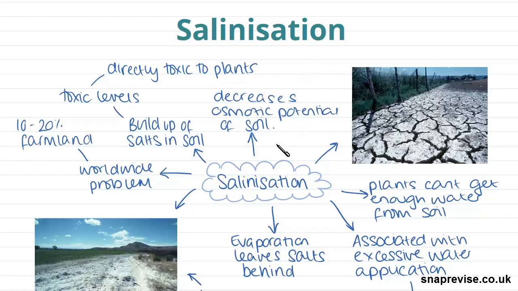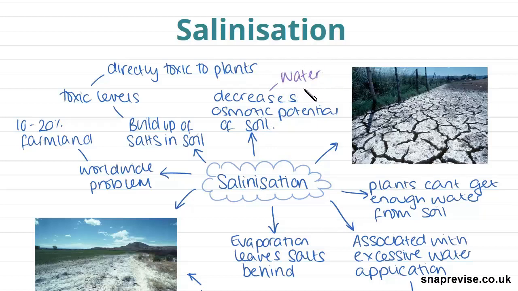So what salt does is, despite being directly toxic to plants, its biggest effect is that it works to decrease the osmotic potential of soil, and osmotic relates to water. So you might have heard of the term osmosis.